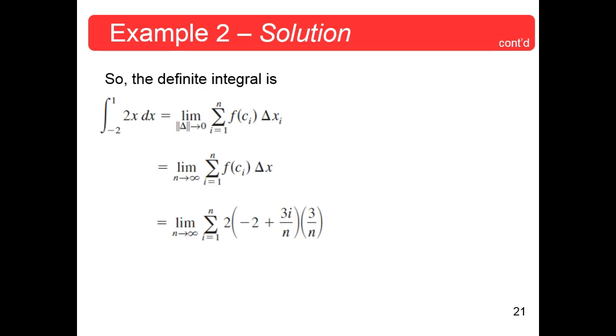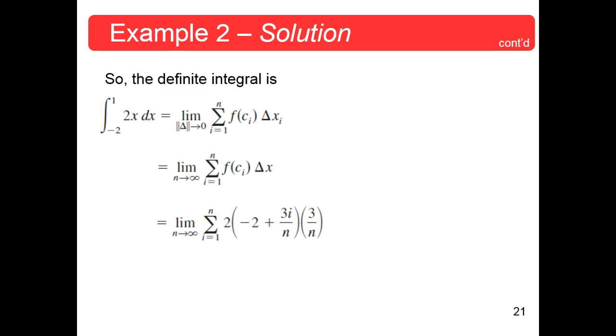Well, this is minus 4 times 3 over n, so it'll be minus 12 over n. And the limit of minus 12 over n as n goes to infinity is going to be 0, so that's not really going to contribute anything.